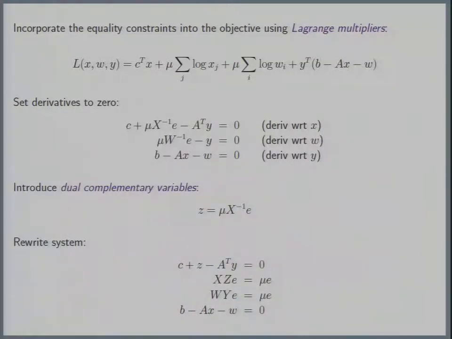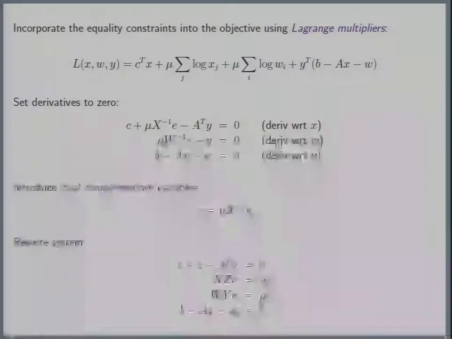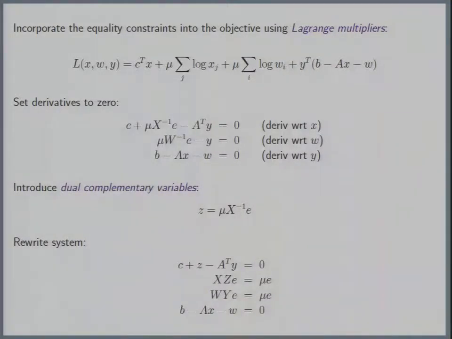The next step, which is perhaps the only non-obvious step, is to introduce variables z, letting z be mu times X inverse e. And now we write out these equations as a set of 4 equations.